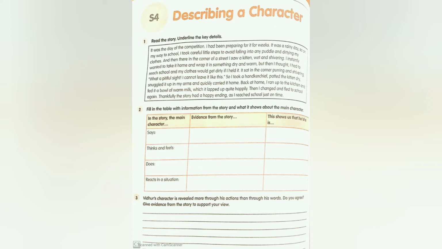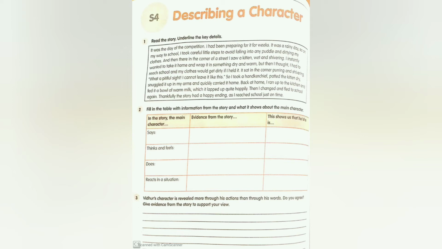Says: in the story, the main character says, "What a pitiful sight. I cannot leave it like this." This shows us that she is kind. Thinks and feels: "I instantly wanted to take it home and wrap it in something dry and warm." This shows us that she is sympathetic.